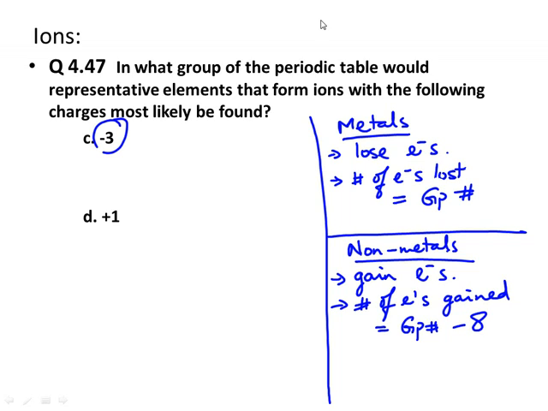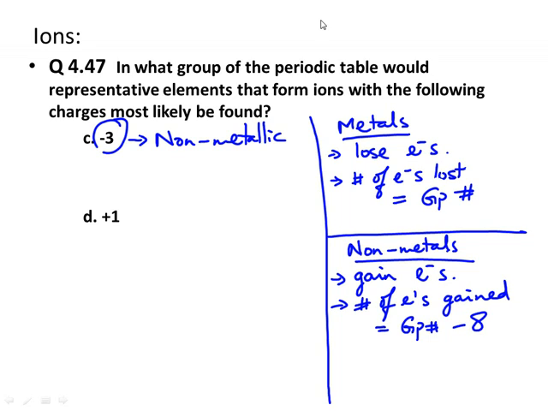For an ion to have a -3 charge, first of all, that tells me the element is a non-metallic element, because metallic elements do not make anions.